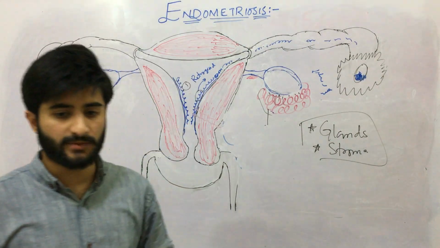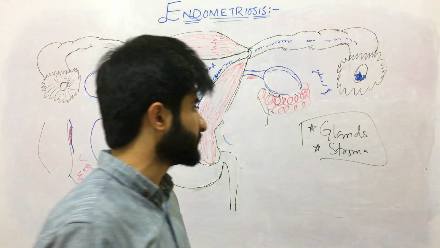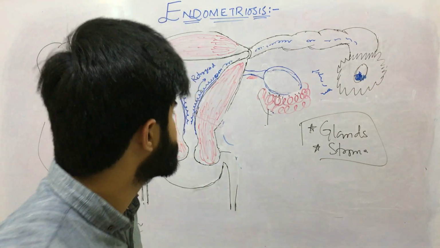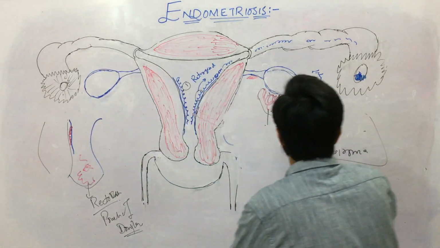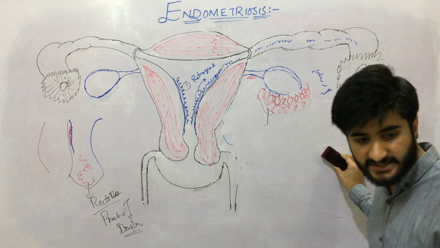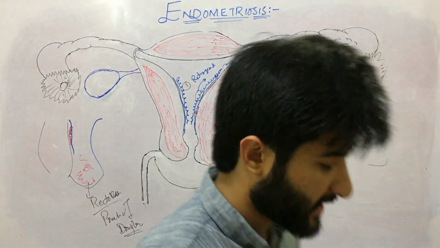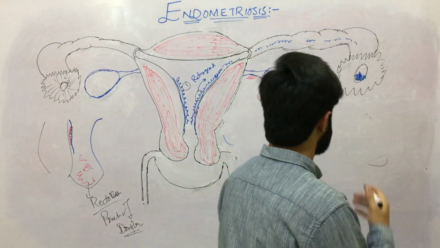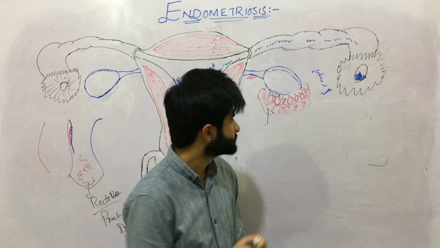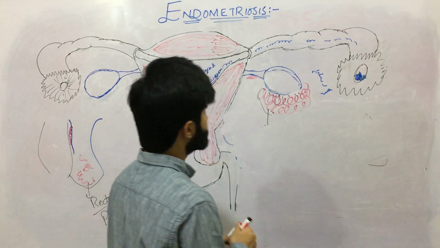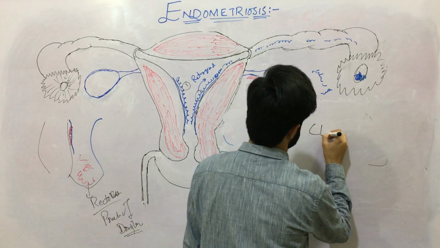At last, I will tell you about the clinical features of endometriosis. Before that, let's rewind. What will we see on morphology? Chocolate cyst and the gunpowder appearance, and under the microscope we can see glands and the stroma. Now, what will be the clinical manifestations?